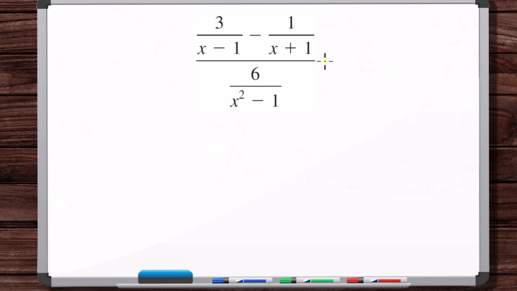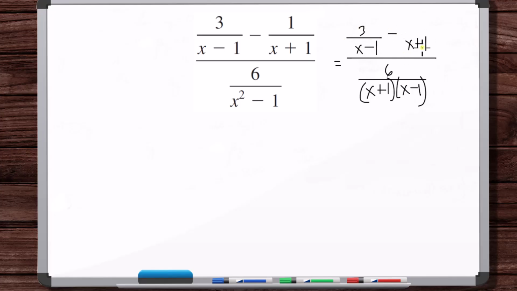Okay. This here we can write as x plus 1, x minus 1. All right, now here we can multiply by x plus 1 times x minus 1 over x plus 1 times x minus 1.